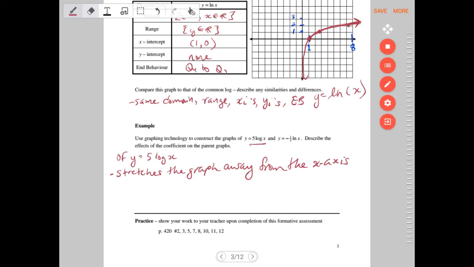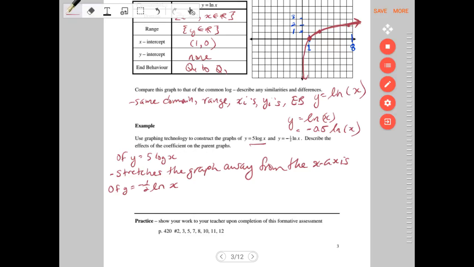And I want you to instead graph y equals ln x and y equals negative, you can just type in 0.5 for a half of ln x. All right, so I want you to graph those up.